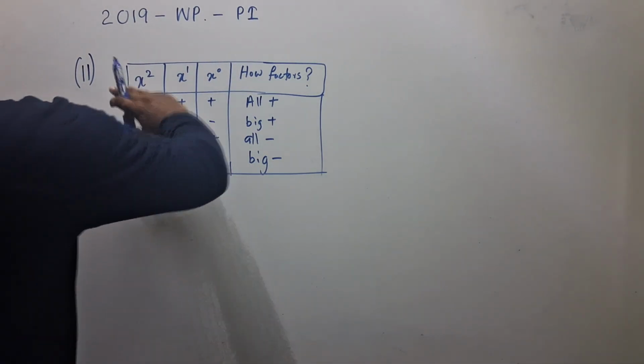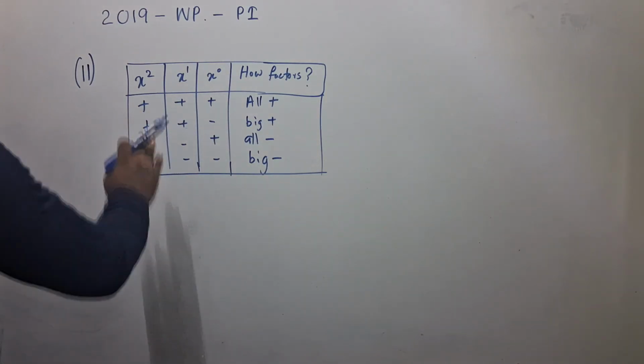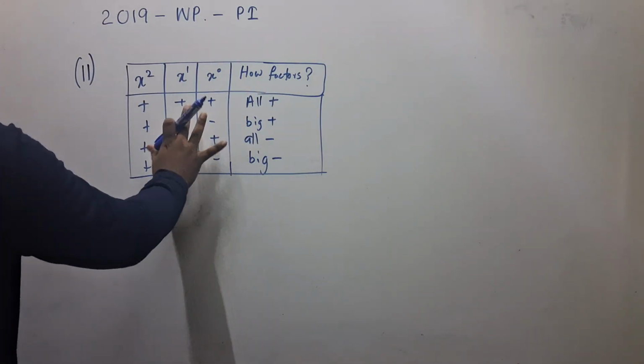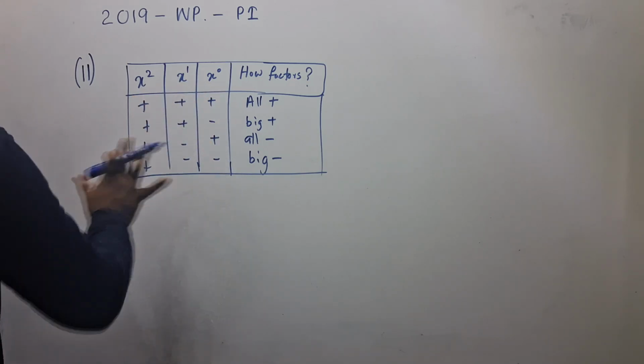It doesn't matter if they change to the other side. That means if x squared goes to the other side, this is similar.